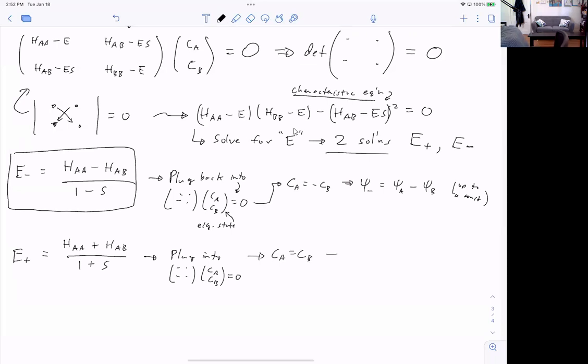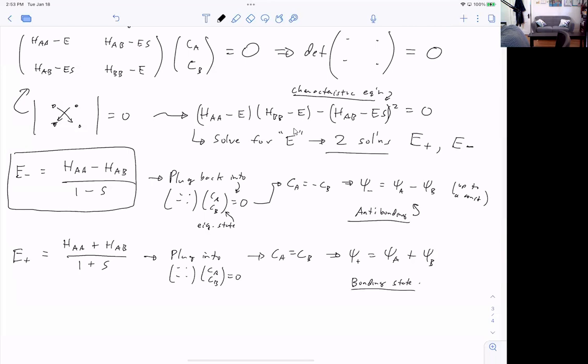And so that leads to the eigenstate, psi plus is equal to psi A plus psi B, up to a constant. And so those are the states. This one, it turns out, we call the anti-bonding state. And this one we call the bonding state.